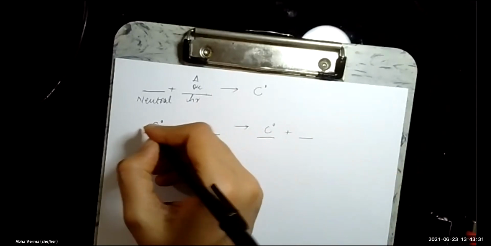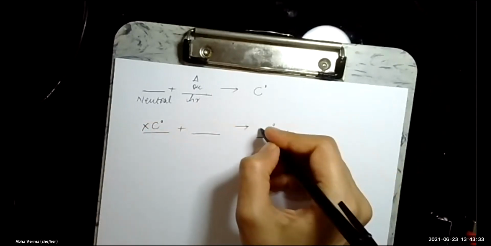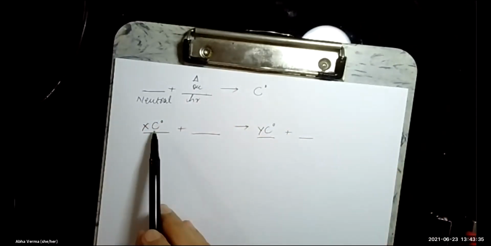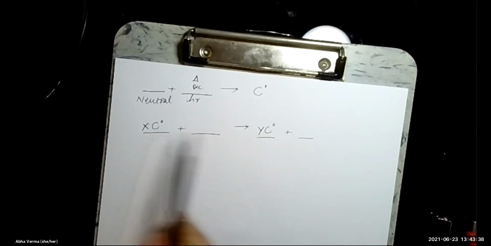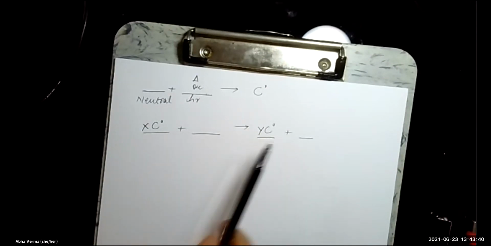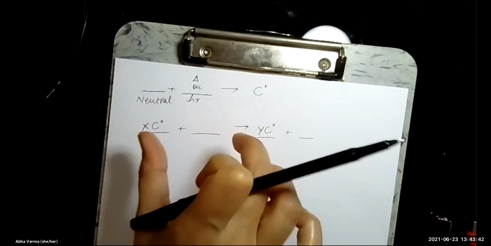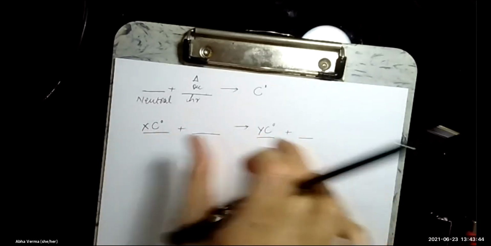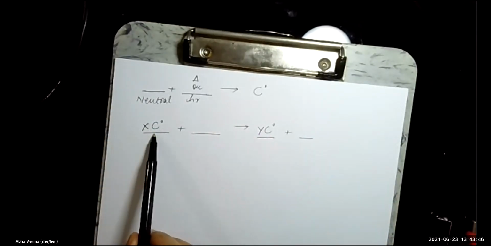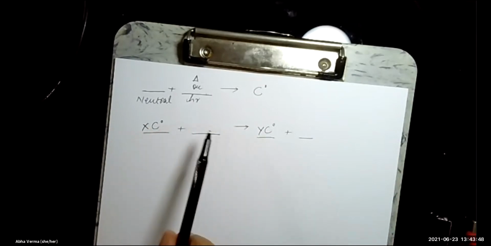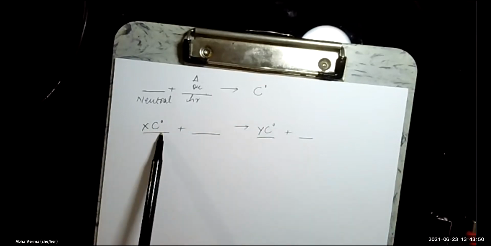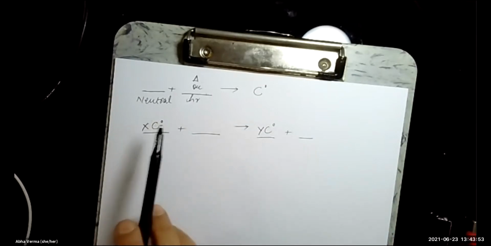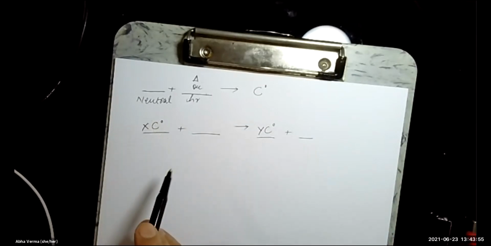If this is X radical, this is now Y radical. So the number of radicals stays the same, but who or what the new radical is will change. The radical on this side and the radical on this side would be a little different.